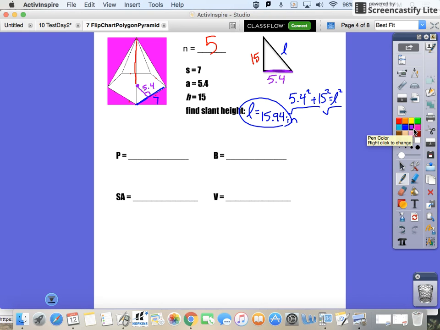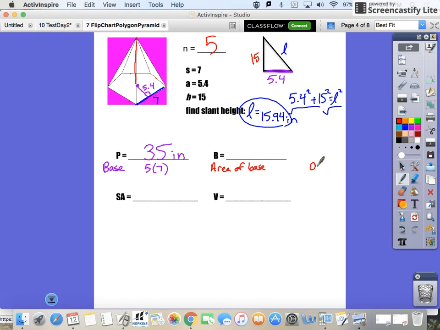And then perimeter means the perimeter of the base. So we have a pentagon, and we know that each side is 7 units long. So we've got 5 sides, each one's 7. 5 times 7 is 35, and the unit we randomly chose was inches, so 35 inches. Next is capital B, which is the area of the base. The formula is half the perimeter times the apothem.